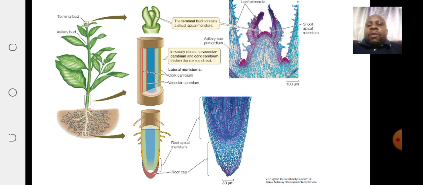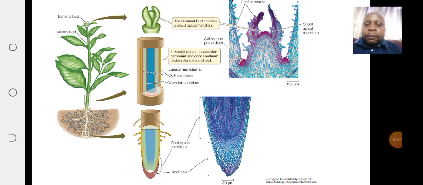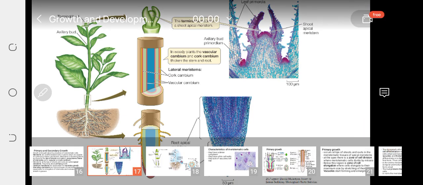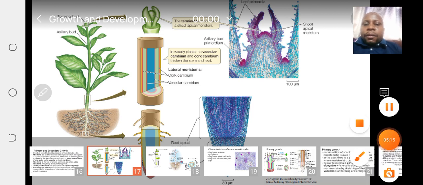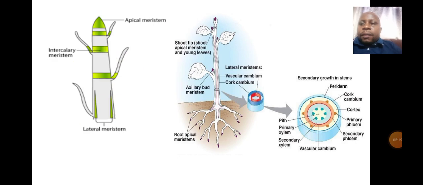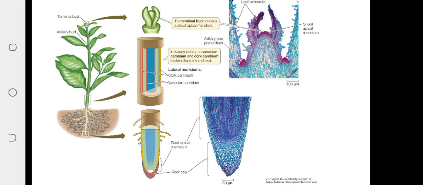Now let us have a look at these particular types of meristems. This is a plant. So at the tip here, you are able to see that we have two types of meristems occurring there.